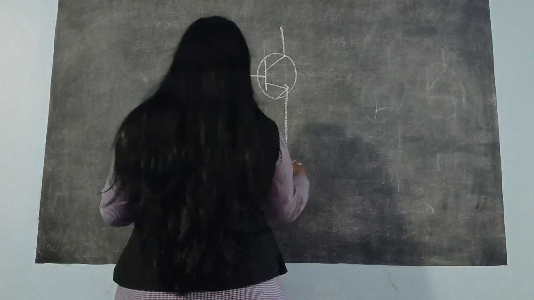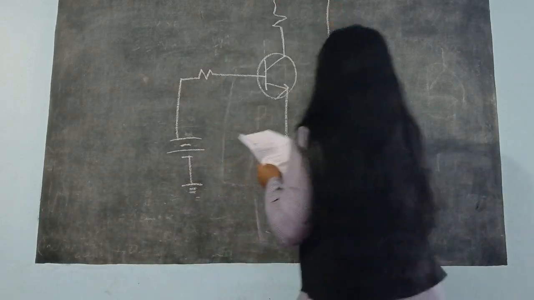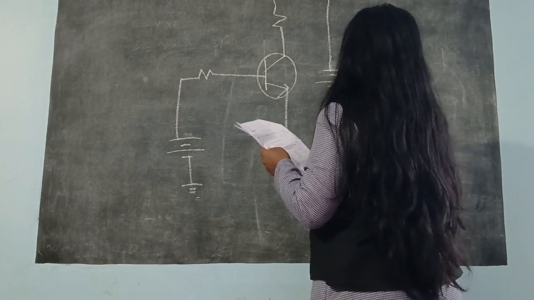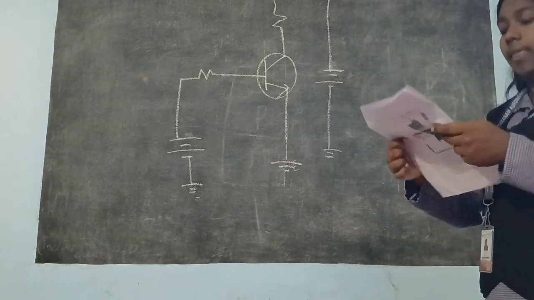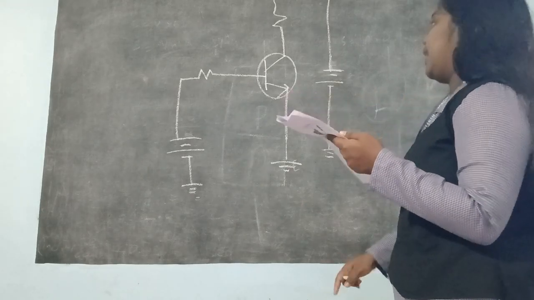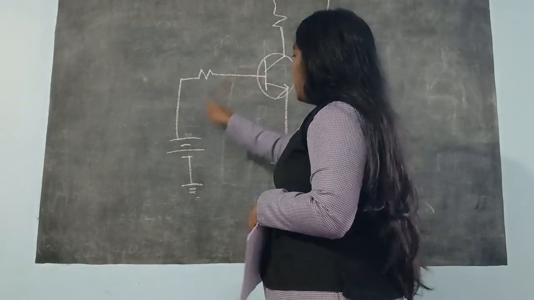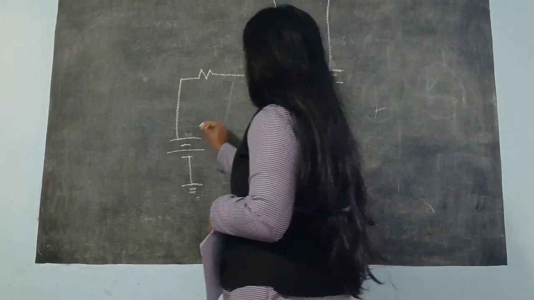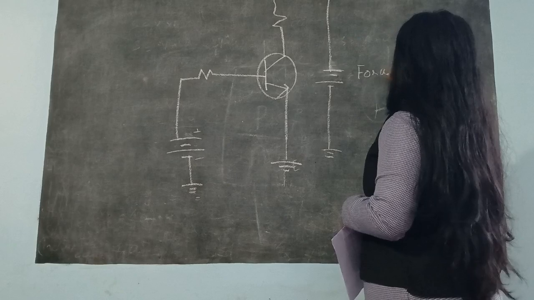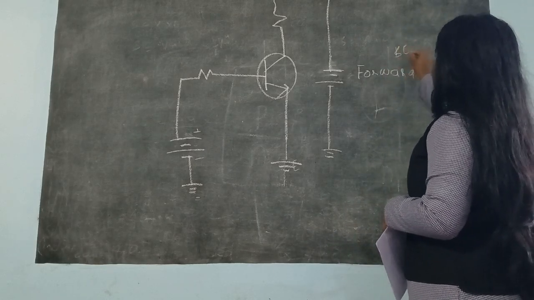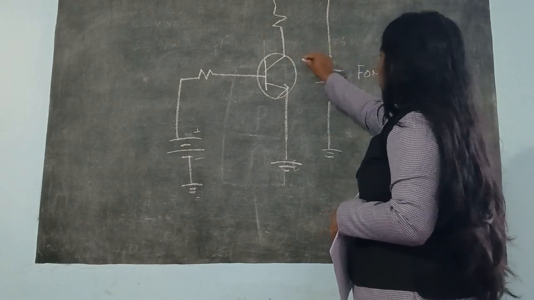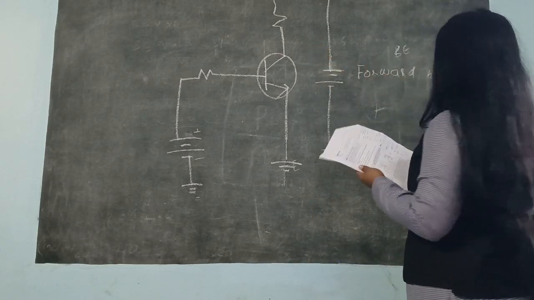Then it's connected to earth, and here also we connect a voltage source, and then it's connected to earth. Now this is an active region because the base emitter junction is forward biased and the base collector junction is reverse biased.